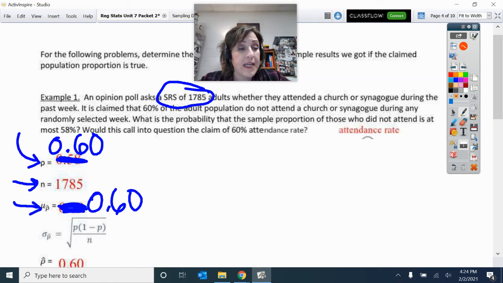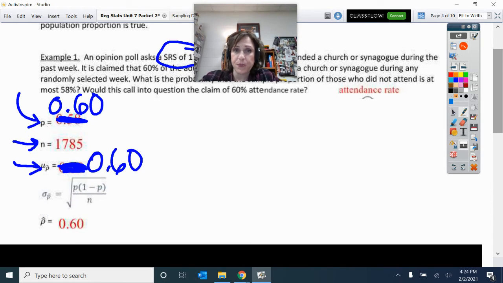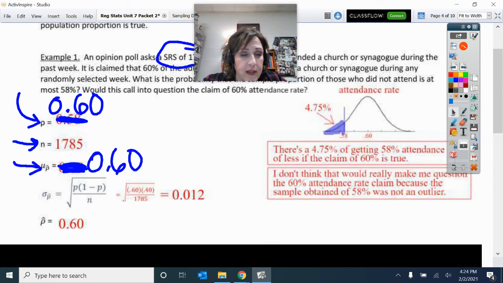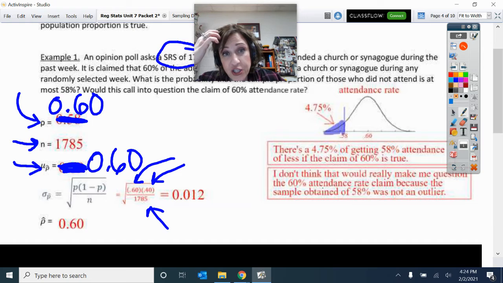Okay, now we can then do this math. I did it with the P. So I need to put that P in there, and then there's your 1 minus P, and then there's the N. Okay, so we need to make sure you can do this in your calculator.